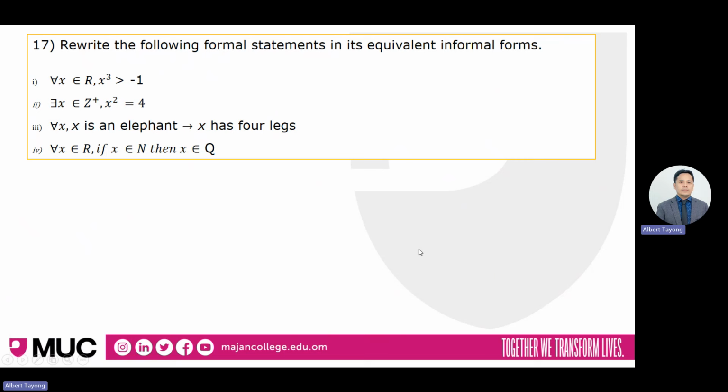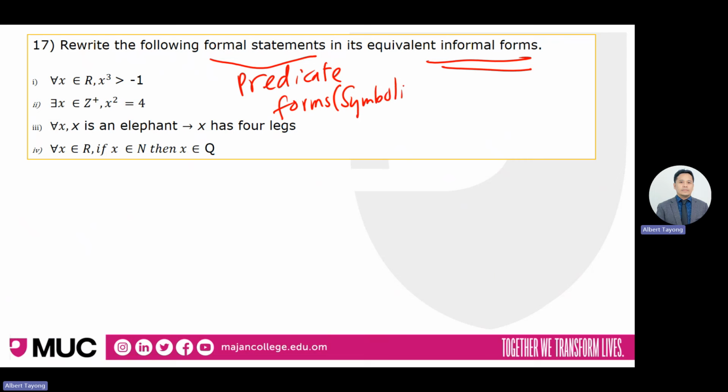Number 17, actually, we have here changing from symbolic logic to English sentences. When I say formal statements, we talk about predicate forms, the symbolic logic. And when I say informal, we talk about the English sentences.